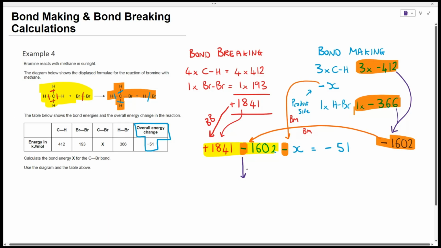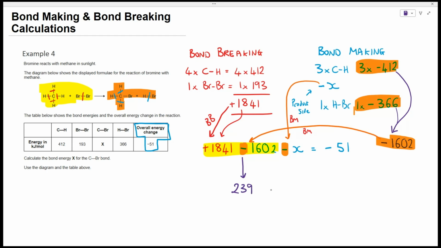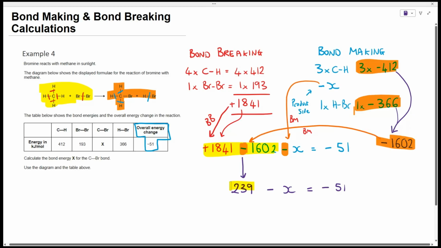So the minus 1602 and the positive 1841, I can turn them into just one number, which is 239. So 239 minus x equals minus 51. All I've done is combine the two numbers to give me 239.